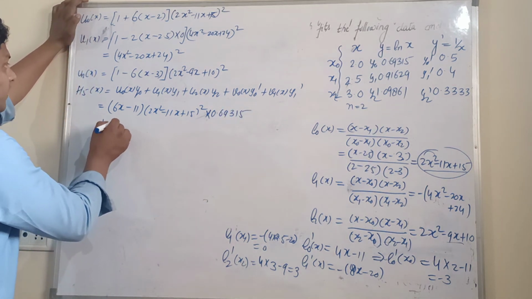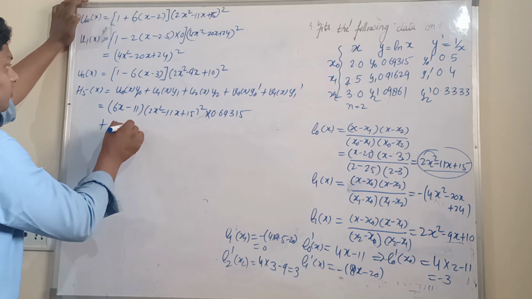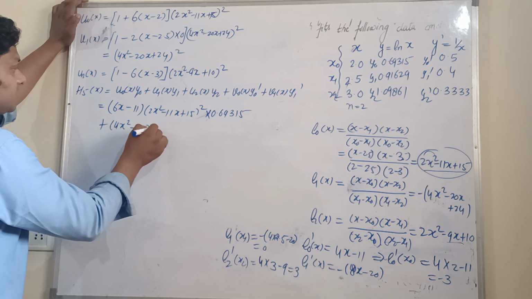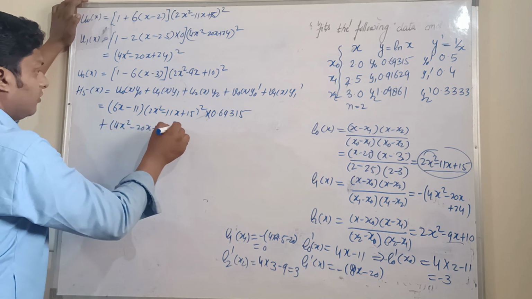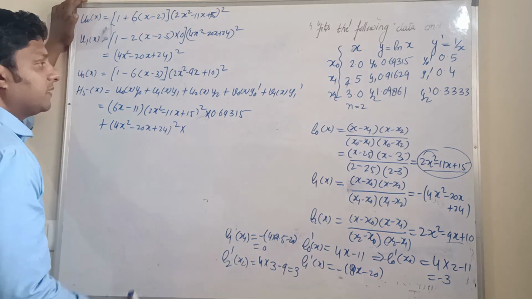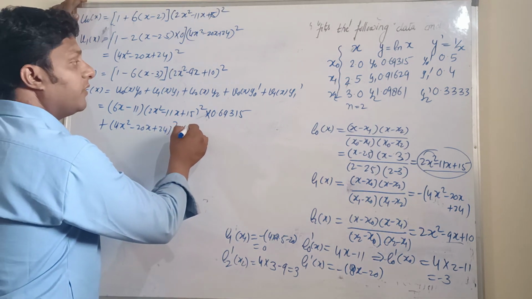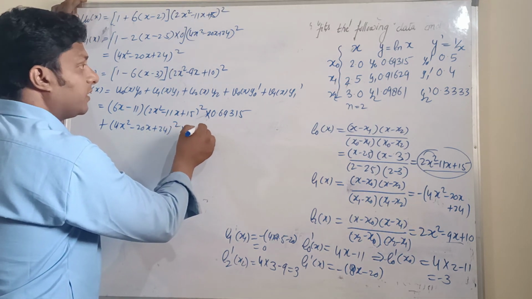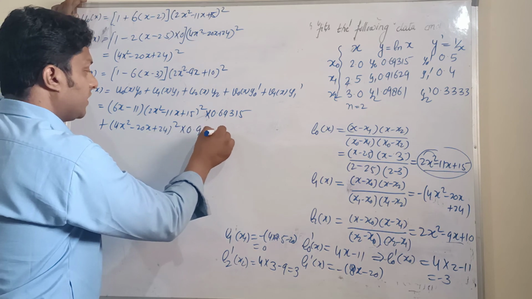Then u1(x), that is (4x² − 20x + 24) squared, multiplied by y1, that is 0.91629.